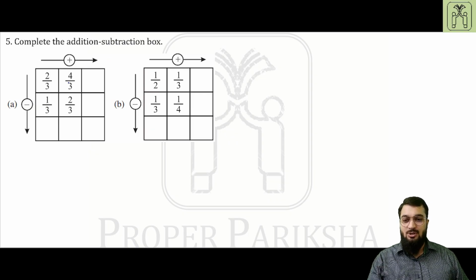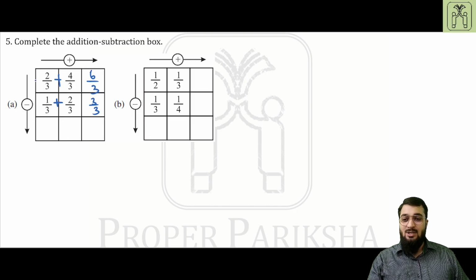So 2 upon 3 plus 4 upon 3 will give, since the denominator is same, 6 upon 3, that is 2 upon 1. 1 upon 3 plus 2 upon 3 will give 3 upon 3, that is 1 upon 1.